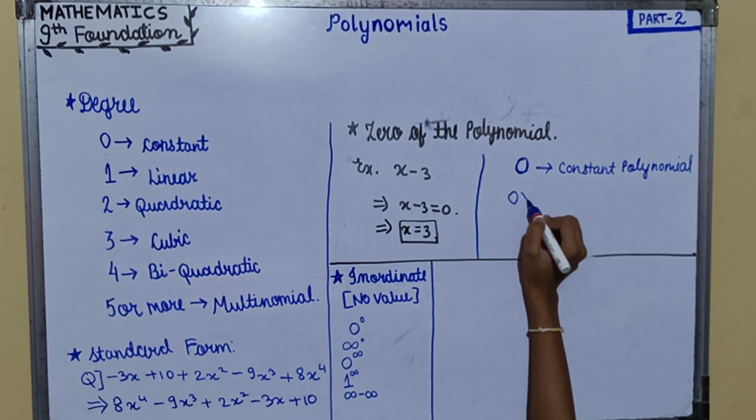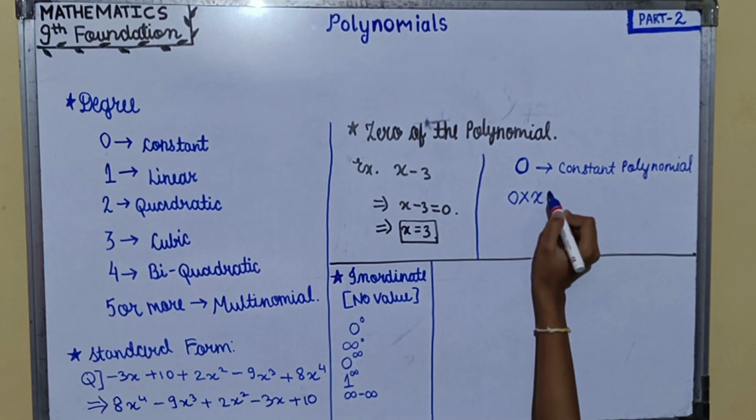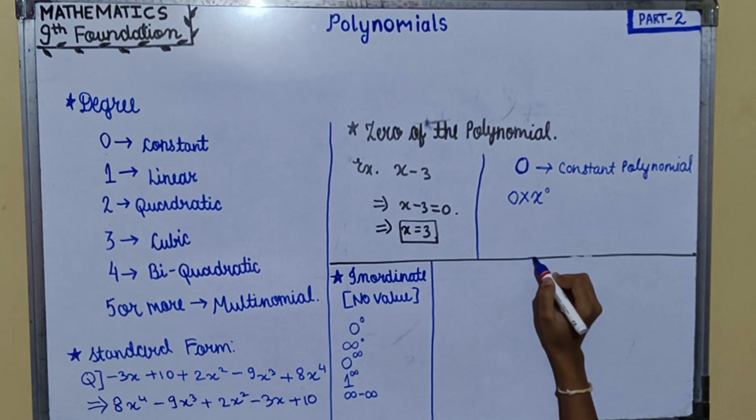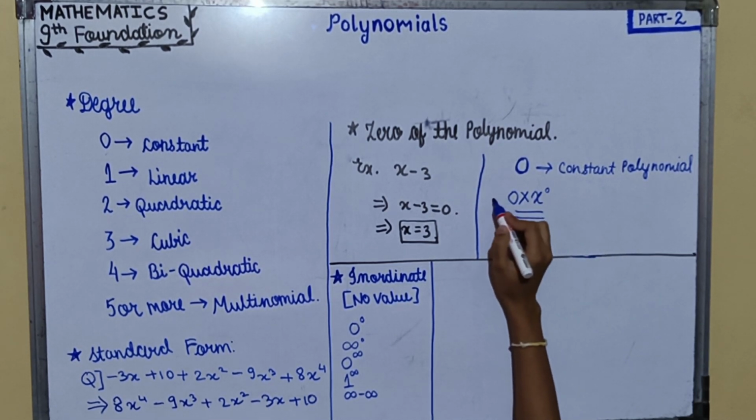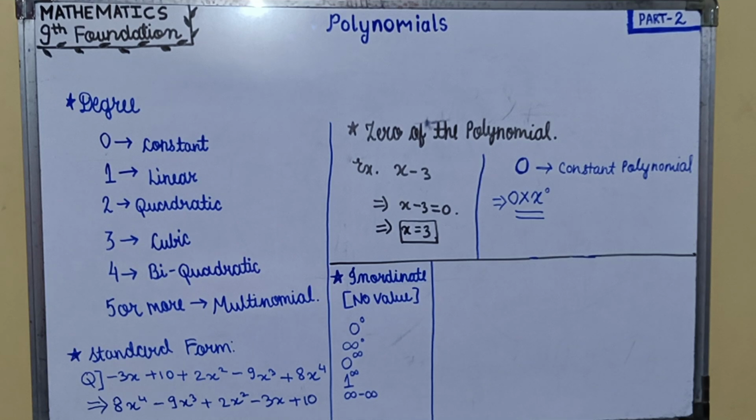So 0 can be written as 0 into x raised to 0. Whenever this type of questions are asked, you can write this.